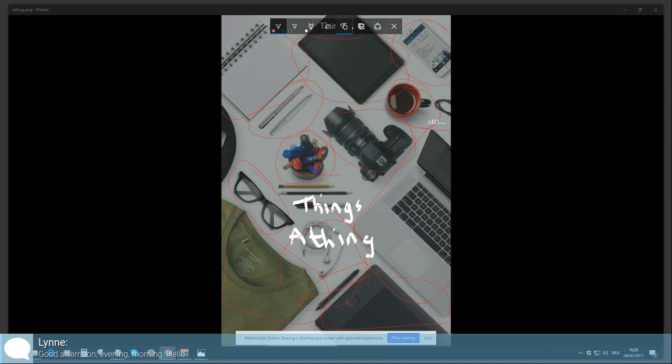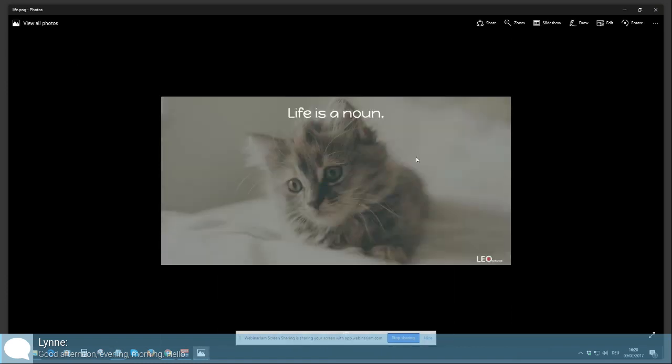Okay, so the next thing to understand about these nouns is it gets even more complicated, what we call very abstract. Again, we'll look at this abstract idea later, but life is a noun.